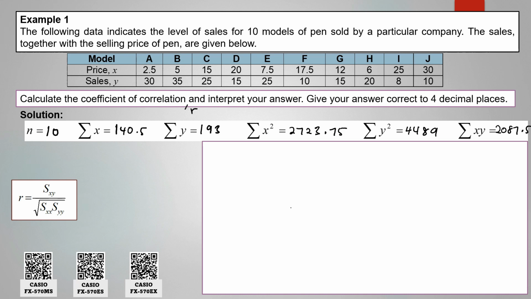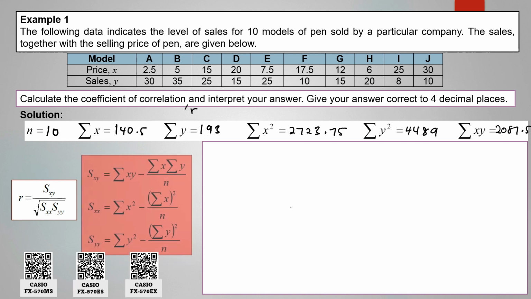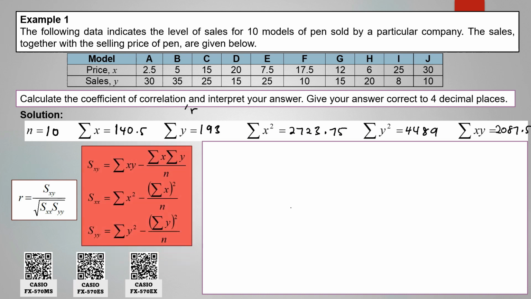The formula for Sxy, Sxx, Syy are here. So you have to find Sxy, Sxx, Syy. Let's start with Sxy.